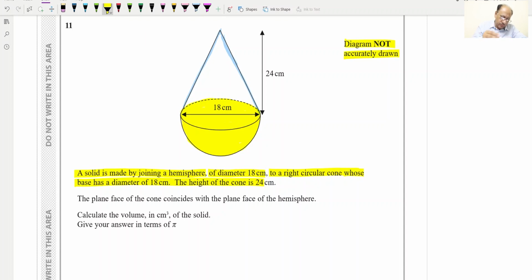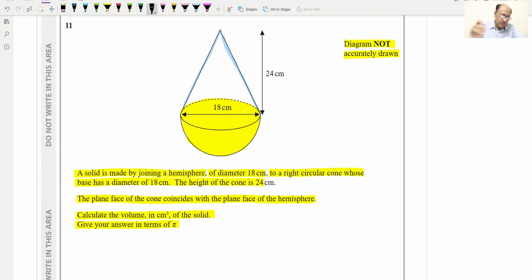So next, the plane face of the cone coincides with the plane face of the hemisphere. So basically both have the same radius. Calculate the volume in centimeter cube of the solid. Give your answer in terms of pi. Now we will be using the formulas for the volume of cone and volume of hemisphere.